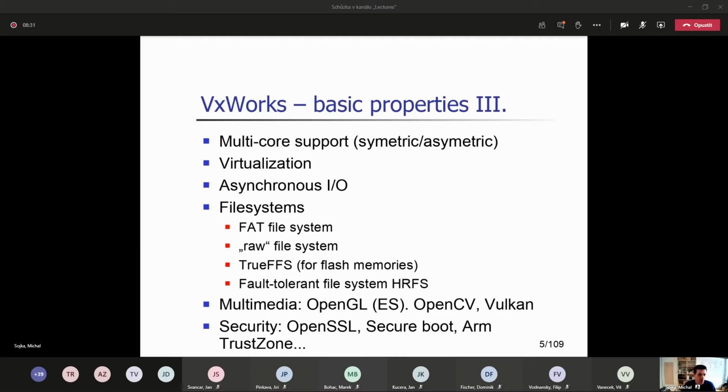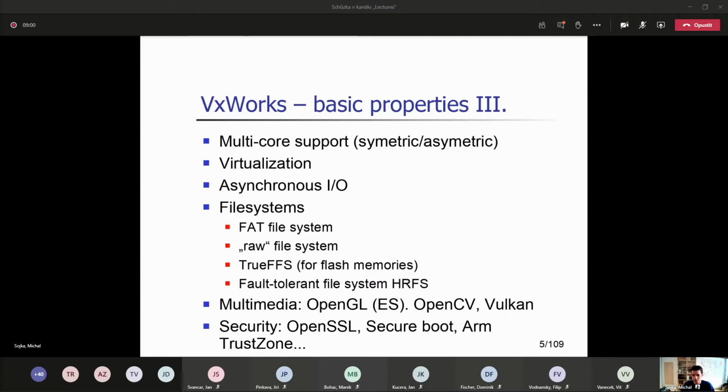VxWorks supports only a handful of file systems, but for embedded systems, this is typically sufficient. You don't need fancy file systems for terabytes of storage and so on. At least these days, embedded systems usually do not need this. And if they need it, they can just talk over the network to the cloud, where there is huge storage.